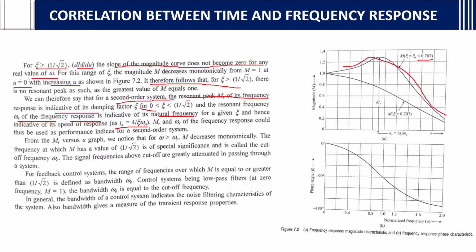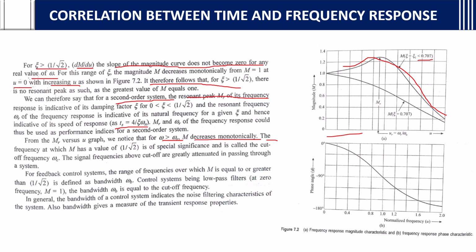Then omega r of the frequency response could thus be used as a performance index for a second order system. From the Mr versus u graph, we notice that for omega greater than omega r, M decreases monotonically.